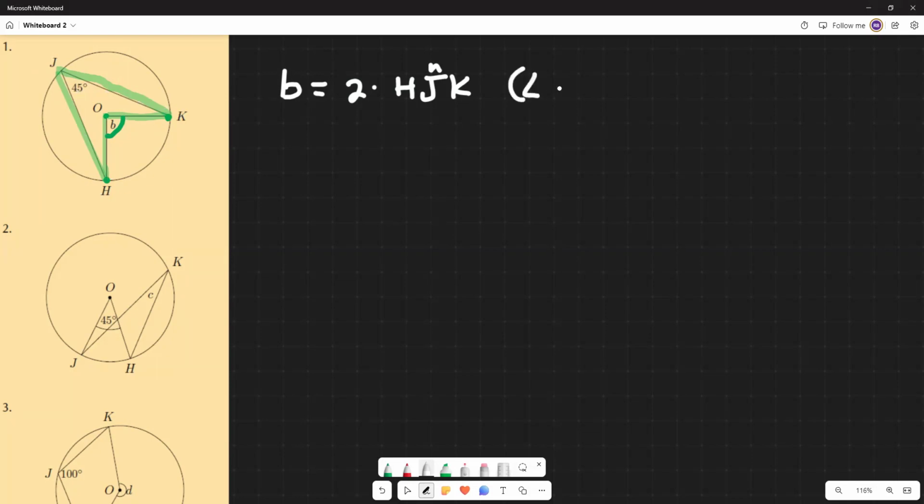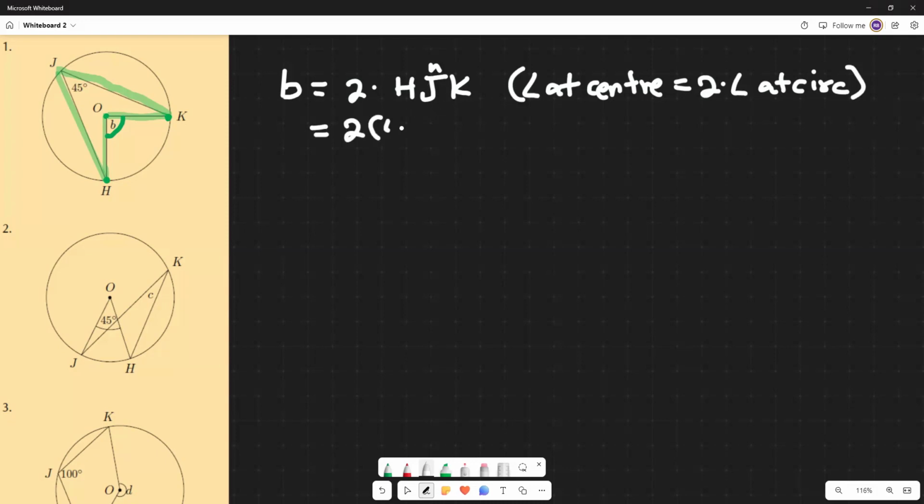The reason is angle at center is equal to 2 times angle at circumference. Then you substitute, so you have 45 there. So angle B is 90 degrees, and we're done with 1.